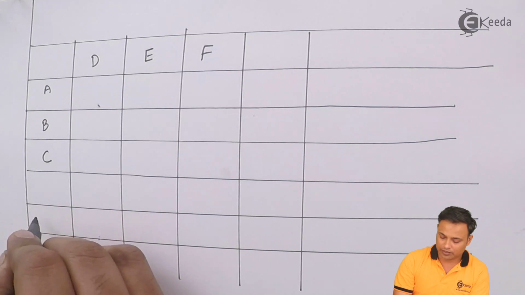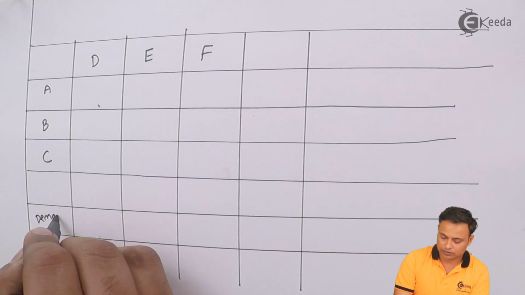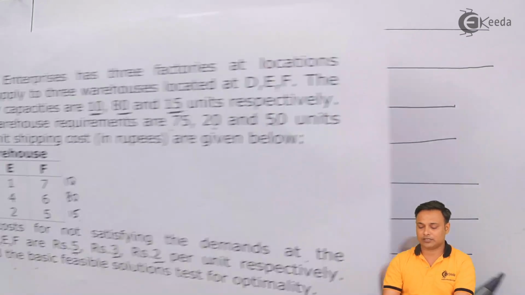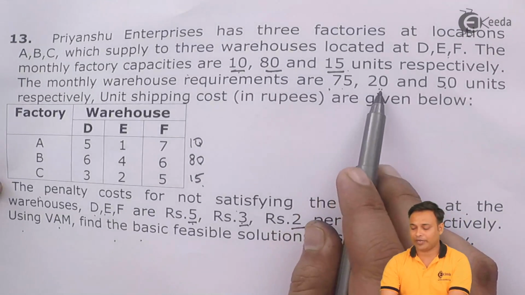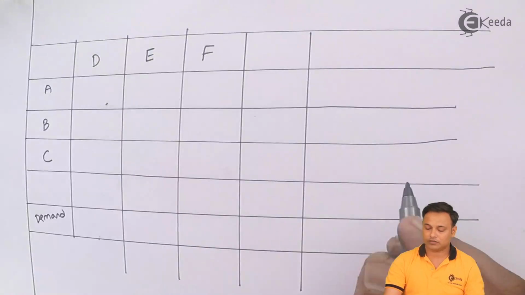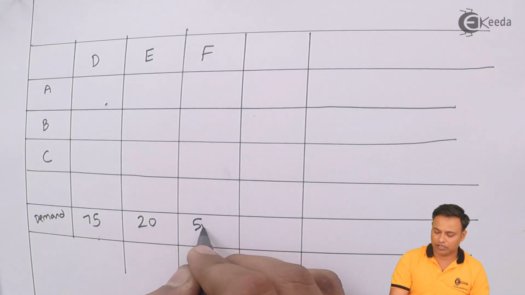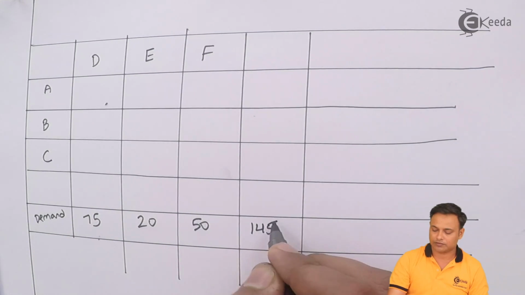So here is my demand. Our demand is 75, 20 and 50, which comes to 145.